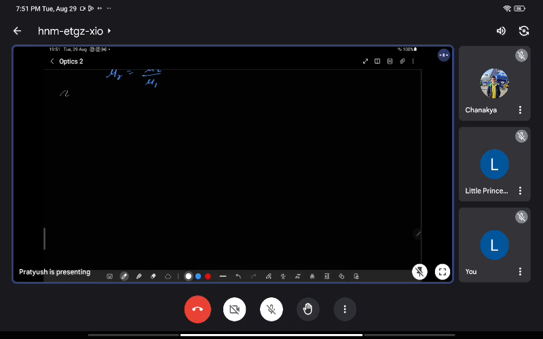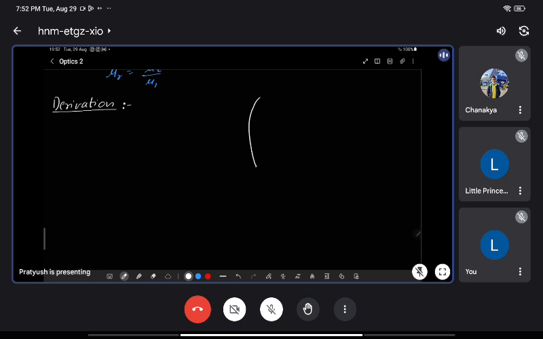Now, derivation. Okay. Now here what will happen? Again the same thing will occur here. We have two surfaces of the lens. What are those surfaces?